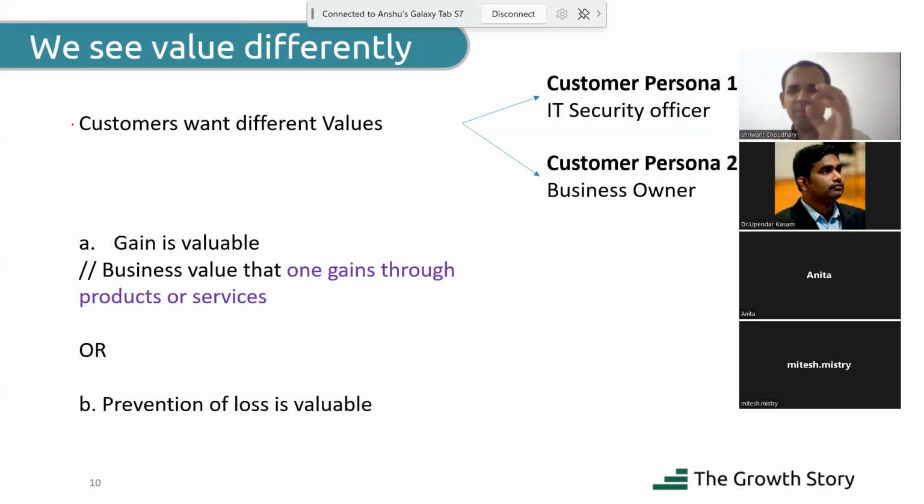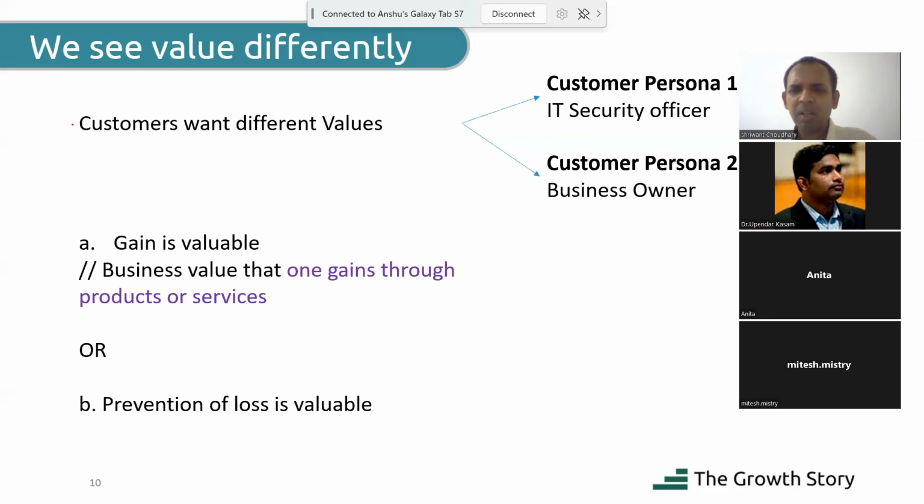One of the most popular conflicts in any agile project is that stakeholder X is telling something, stakeholder Y is telling something else, and in between there is a product owner: how to prioritize? Both are equally powerful, both are equally influential. This is the typical condition. Take the business owner and the IT security officer, two different prominent positions. The business owner says, give me the value so that I can go to the market quickly, I want return from the product.